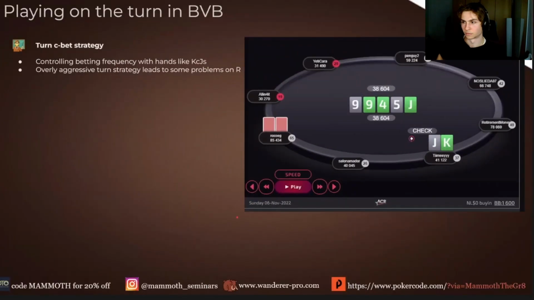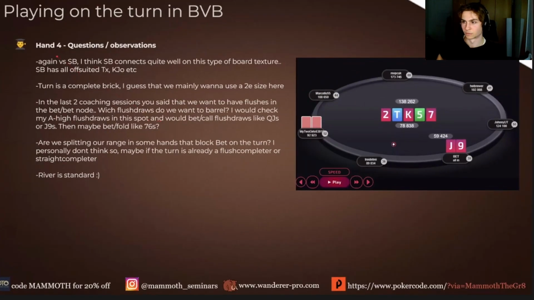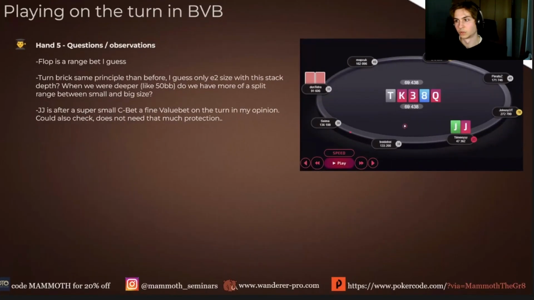All right, we did 3 hands, so this is hand 4. That means we still have 2 more. I don't mind doing this another time, yes, in the next session, because there's quite a bit to talk about.